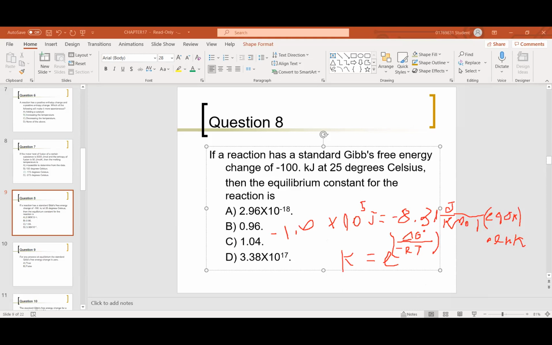Okay, so e to the power of negative 1.0 times 10 to the 5th power divided all by negative 8.31450 times 298, 3 parentheses. Okay, let me do that again. It's not that I think the answer is wrong, just a syntax error. Okay, right amount of parentheses.